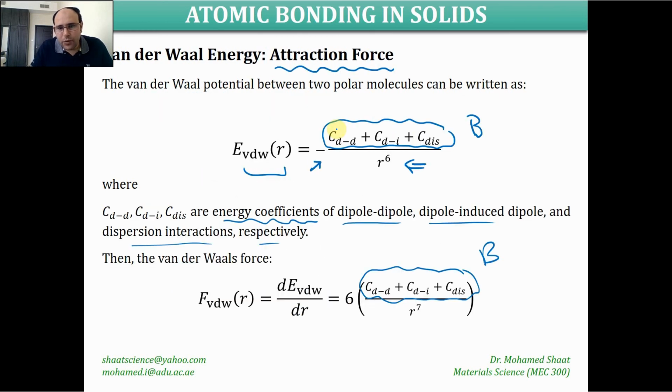So this B stands for the magnitude of the C plus the C plus the C: the energy coefficient of dipole interaction, dipole-induced interaction, and the dispersion. We sum these constants together in one B, which is a material property.